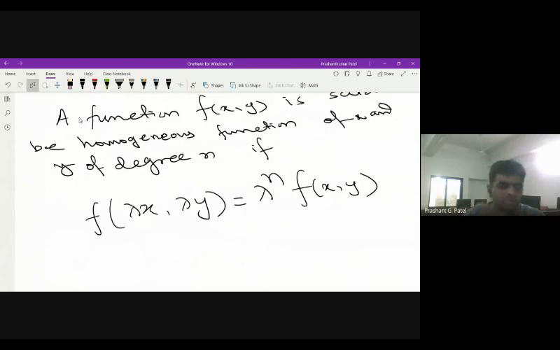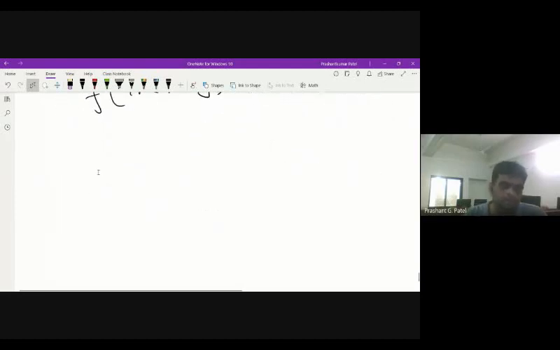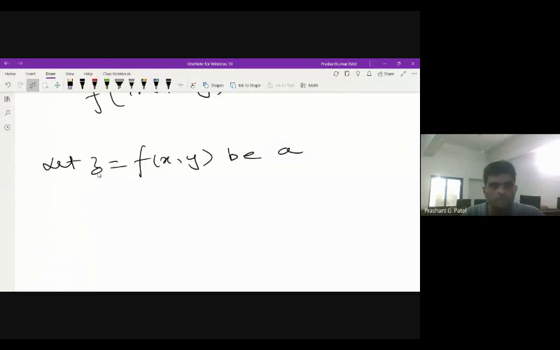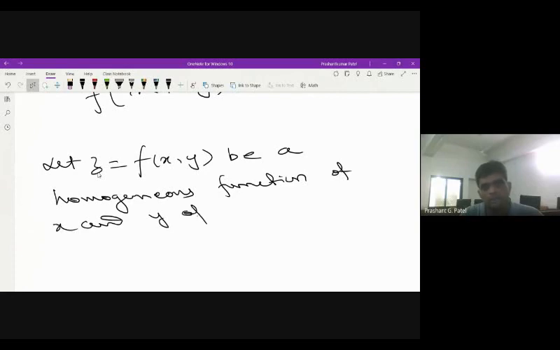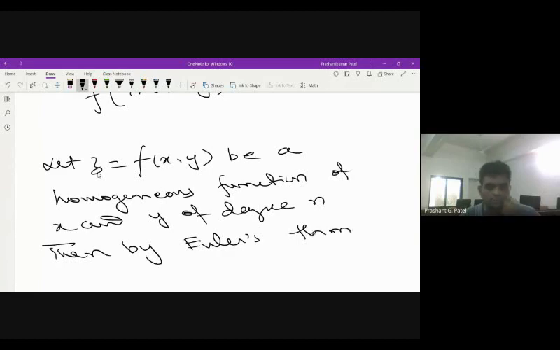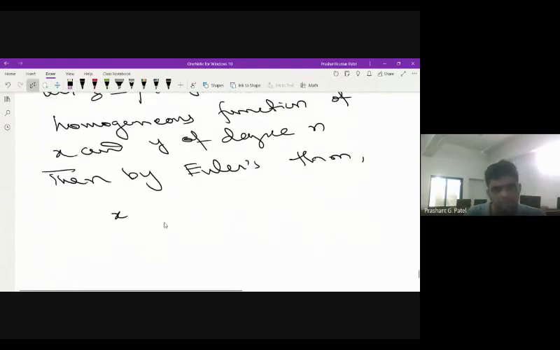And we know that for a function z equal to f of x, y, let z be a homogeneous function of x and y of degree n, then by Euler's theorem, if you have remembered your Euler's theorem from the SY-BSc class, we can say that x into fx plus y into fy is equal to mf.